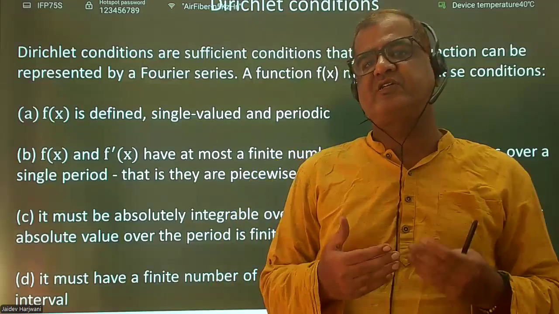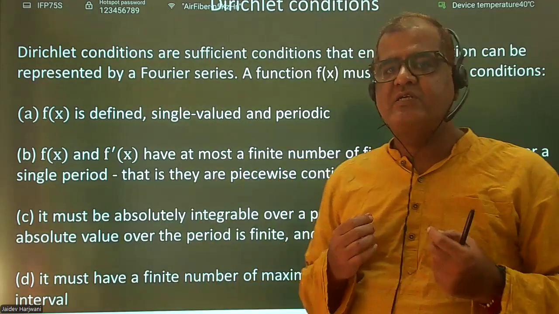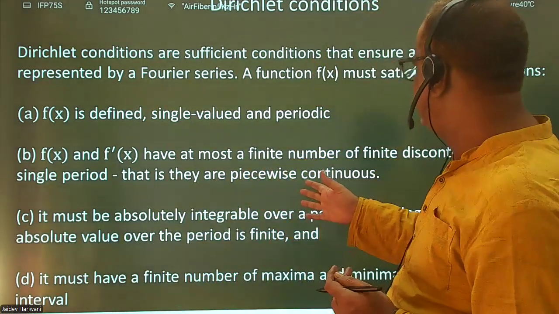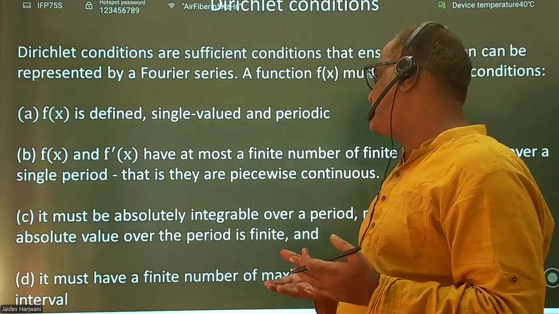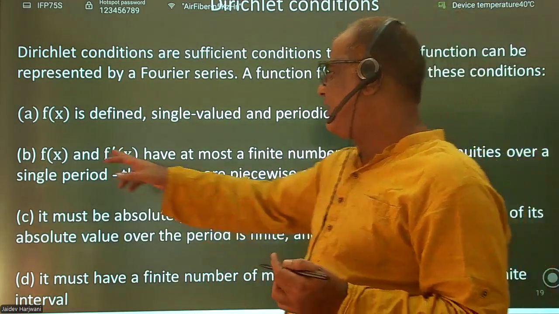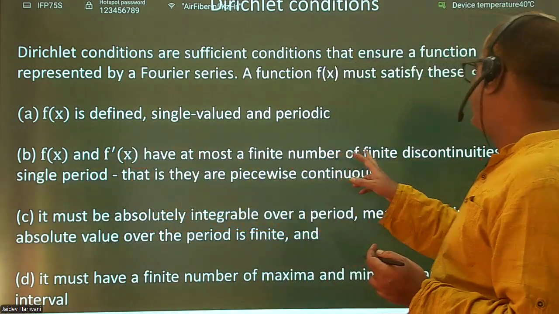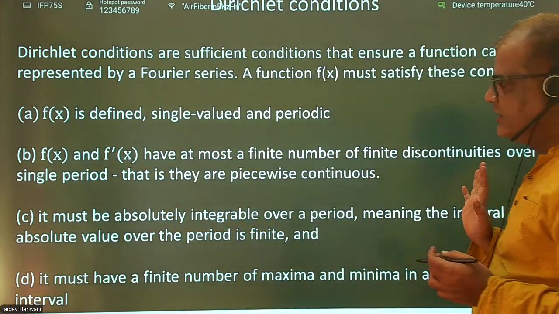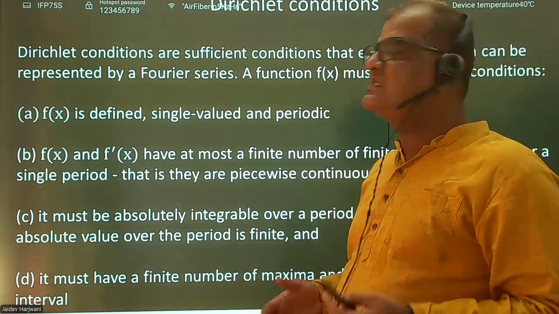That means your function should not be infinite in that interval. The number of finite discontinuities also should be finite. That means f(x) should have at most a finite number of finite discontinuities, so the function should be piecewise continuous.